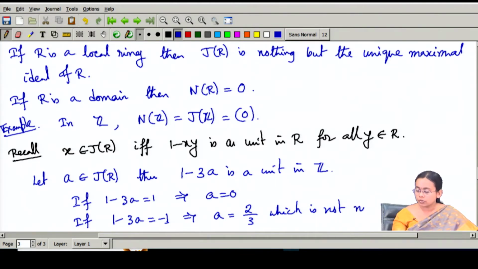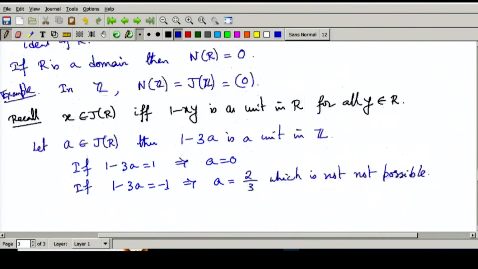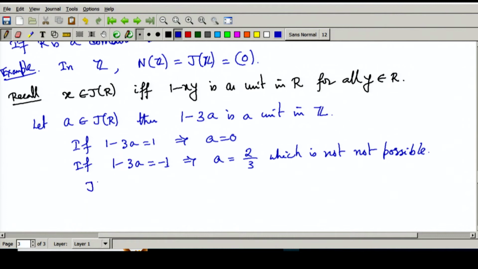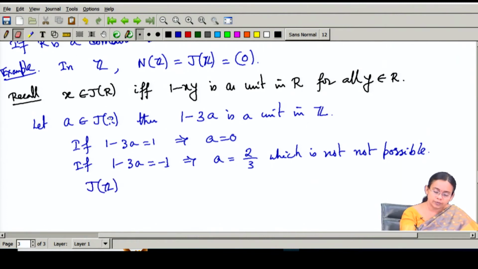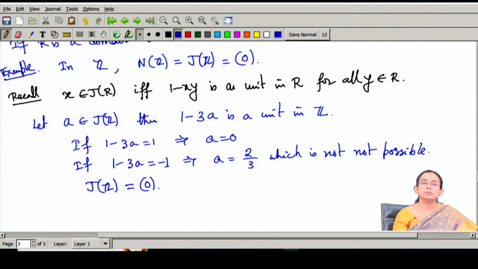Hence the Jacobson radical of Z is nothing but the 0 ideal. So this is an example where we have seen that the nil radical and the Jacobson radical are equal.